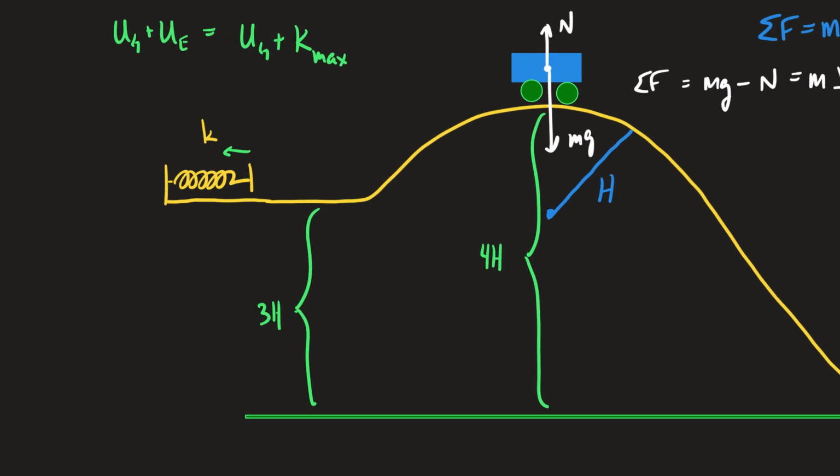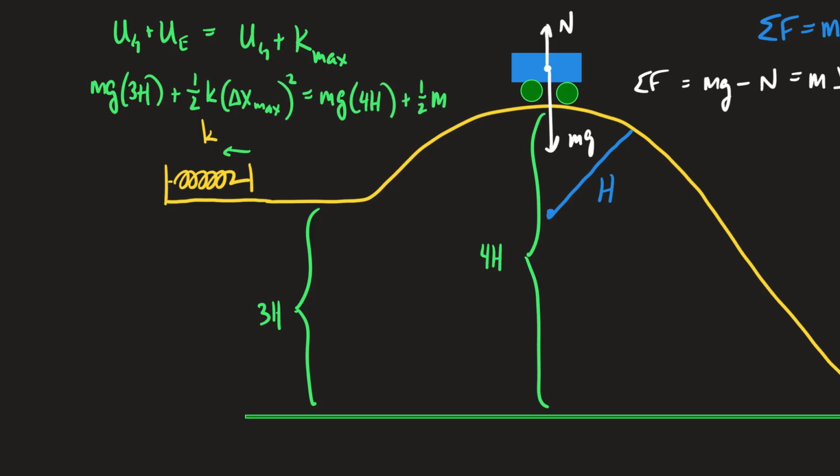This will be mg times 3h, plus 1/2 k delta x max squared, equals mg times 4h plus 1/2 m v max squared.